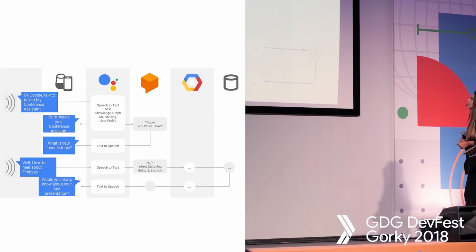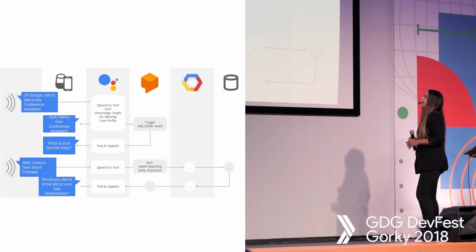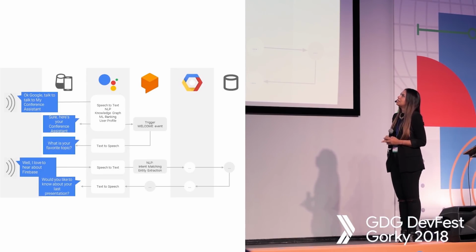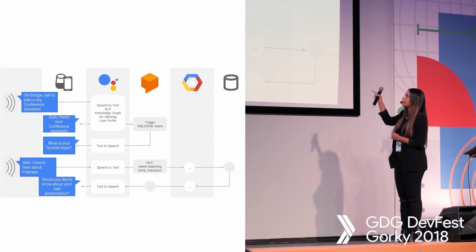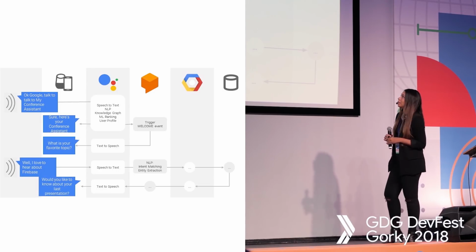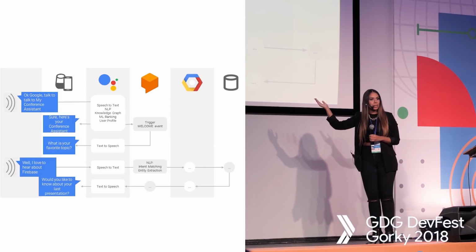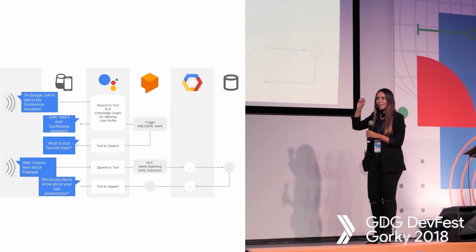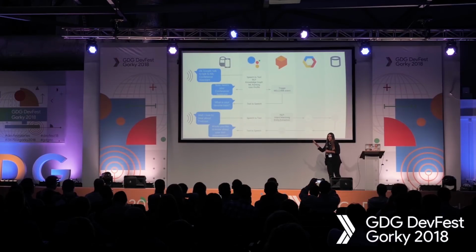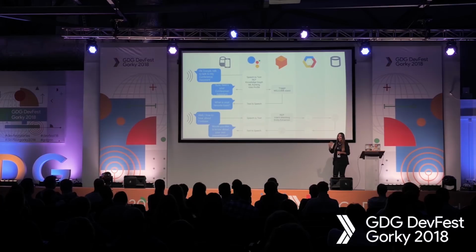Okay? So at first, we were having just Google Actions and then Cloud. But wait, there's even more. In the middle right now, we have Dialogflow. Dialogflow is going to be the one that does all the magic for us. It's going to understand that when I say hi, it's my welcome hi.